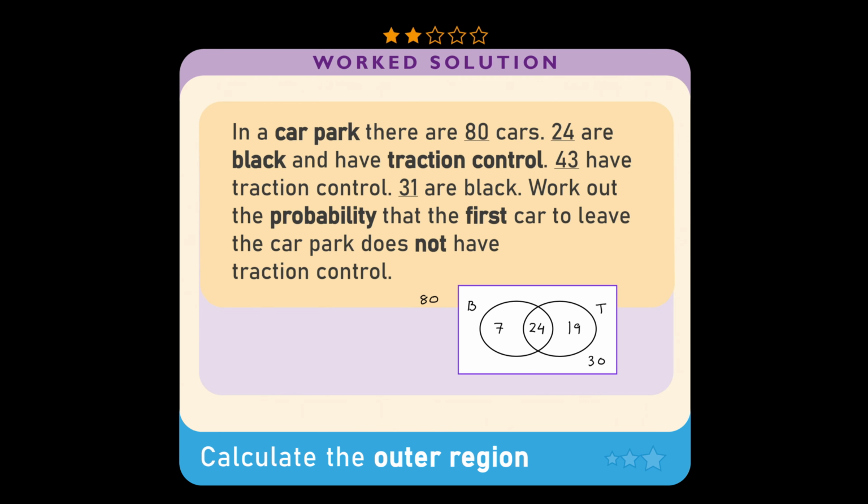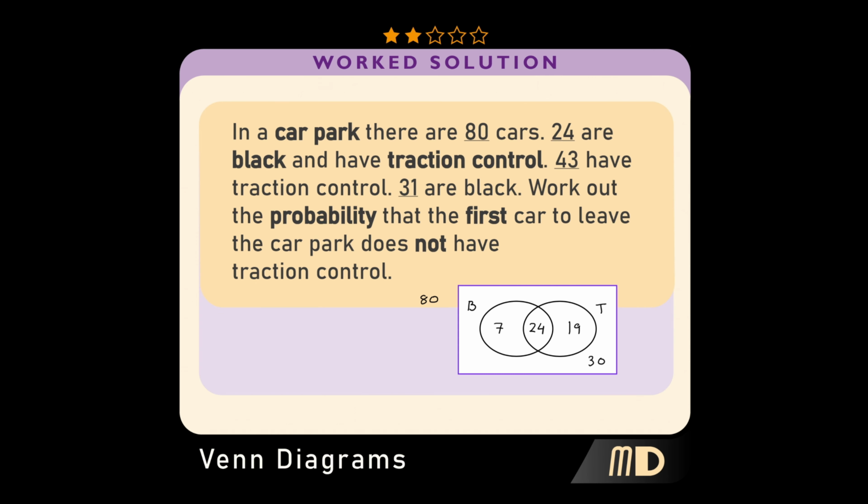We've been asked to find the probability that the first car to leave the car park does not have traction control. The number of cars without traction control is 7 plus 30.